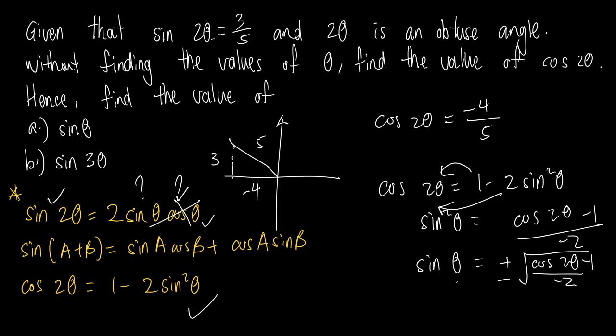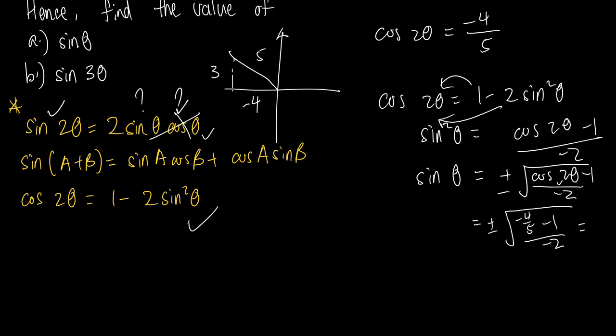To find the value of sine theta, we just need to sub in the value of cosine 2 theta, which is -4/5, minus 1 over -2. Using calculator, this will give us a value of 3 square root 10 over 10, plus and minus.